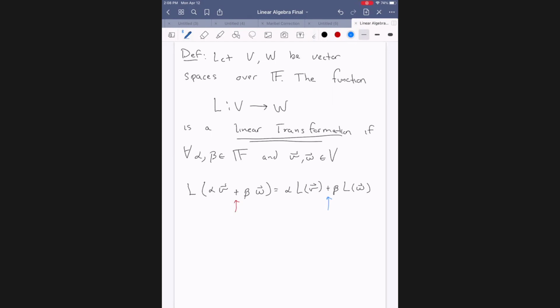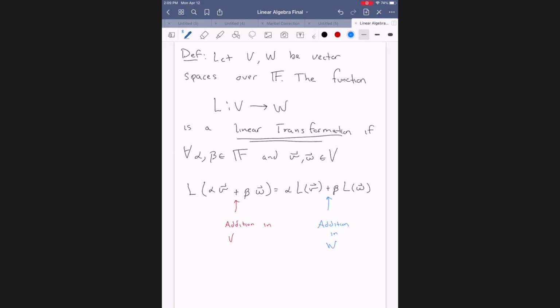There's only two answers, so you can just guess yes or no. No, it's not, because this over here is addition in the vector space V, and this is addition in W. So these two additions are different.